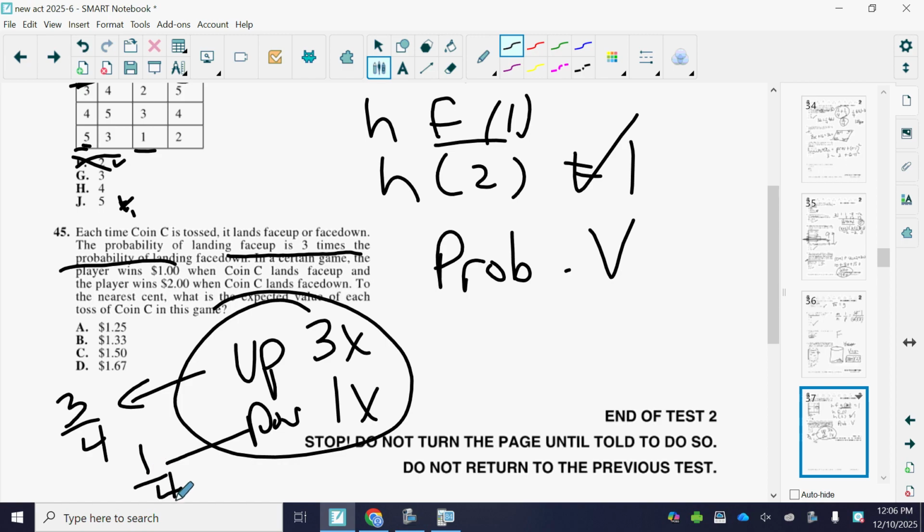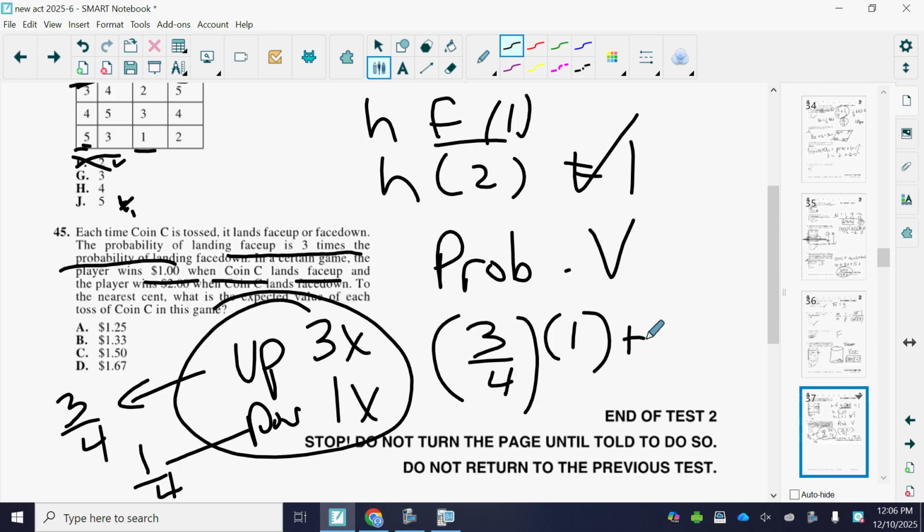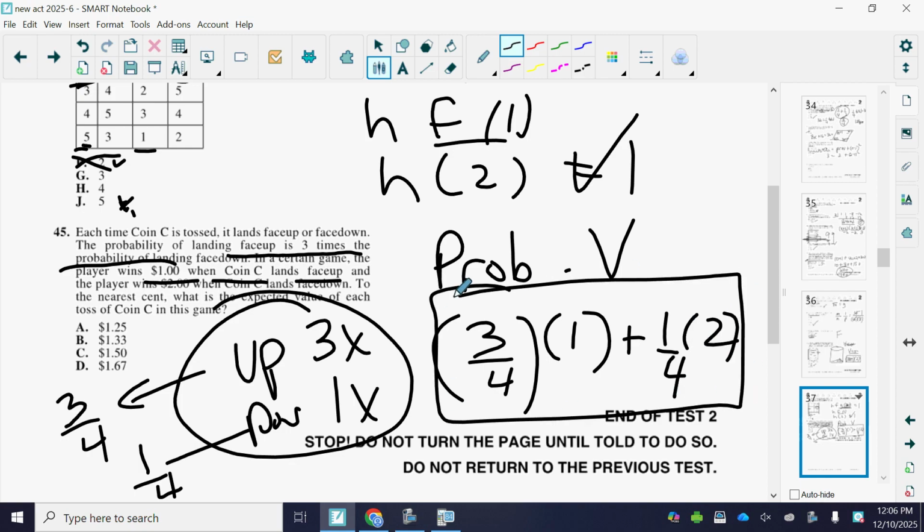So if in a game the player wins $1 when it lands face up, and $2 when it lands face down, there's your expected value. It is 3/4 because 3 out of every 4 times. You get that?